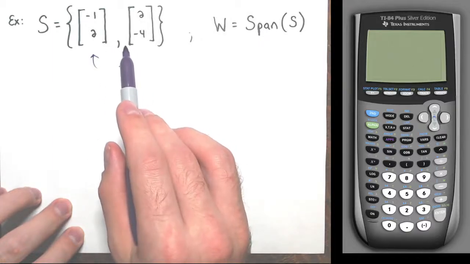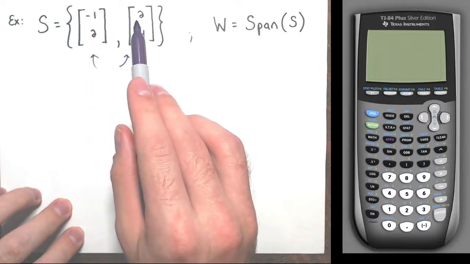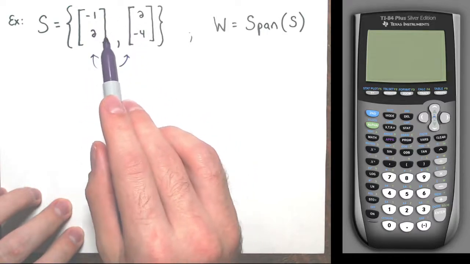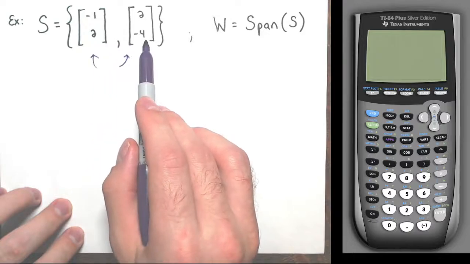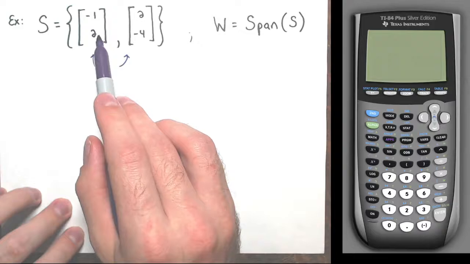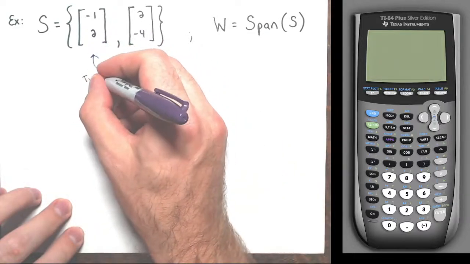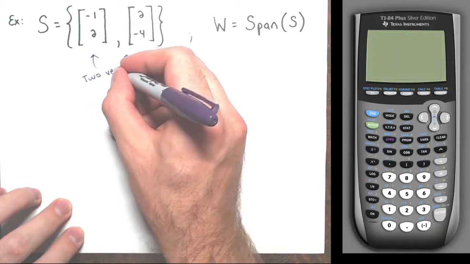And the answer is yes. -1 times -2 would be +2, and 2 times -2 would be -4. So this vector times the scalar -2 would be this vector. So I have 2 vectors that are scalar multiples.